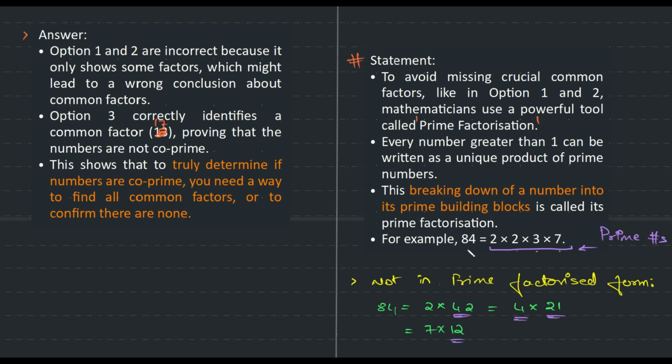If you expand a given number such that the product leads back to the number and the factors are all prime numbers, we say we have prime factorized it. So 84, I can write it in many ways, but this is the only prime factorized form. All of the others are right, they give back 84, but they're not prime factorized.